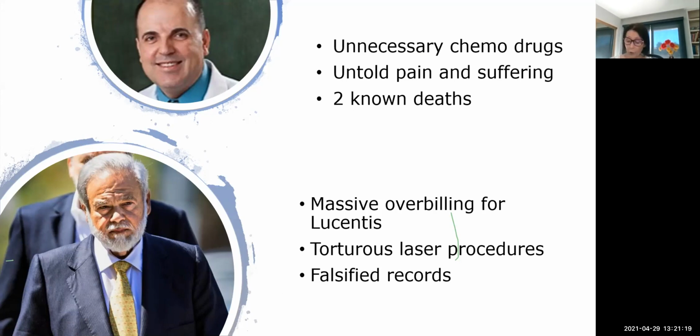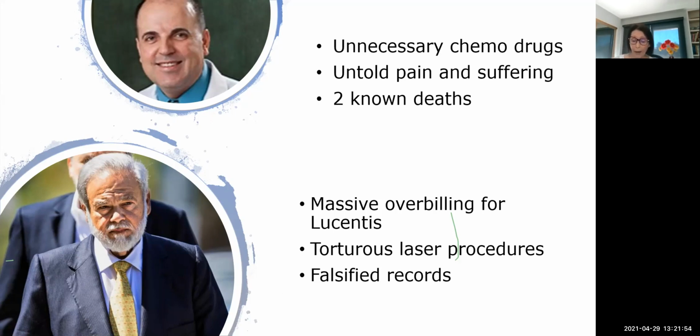Many of his former patients who were given the poisonous chemo drugs when they didn't need them are still living with the results of his abusive behavior. In at least 2 cases, his abuse led to the deaths of his patients, all because he was fraudulently billing Medicare, lying, cheating, and stealing money from Medicare, millions and millions of dollars in fraud.